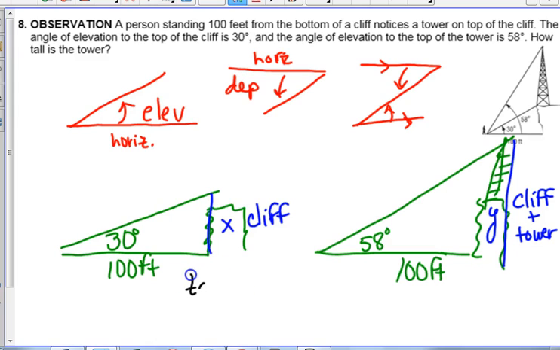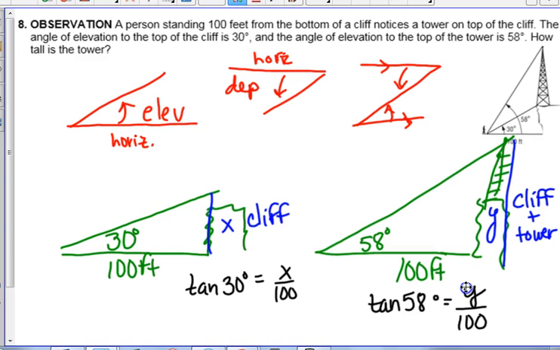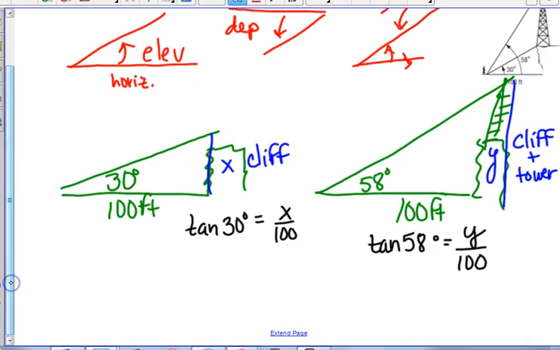So this would be the tangent of 30 equals opposite over adjacent, or the tangent of 58 equals y, opposite over 100, and then we subtract those two answers.